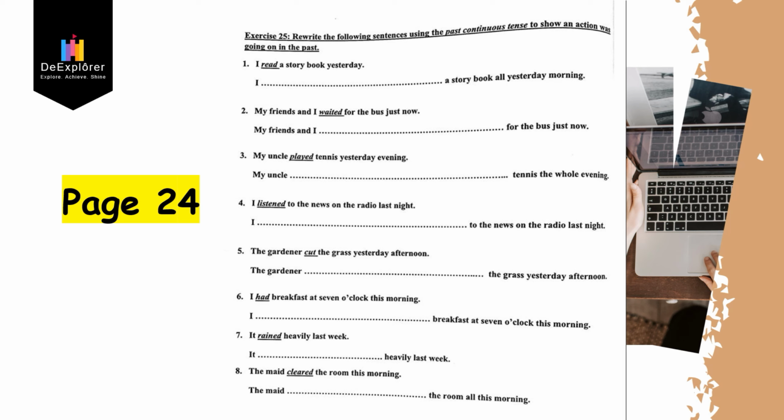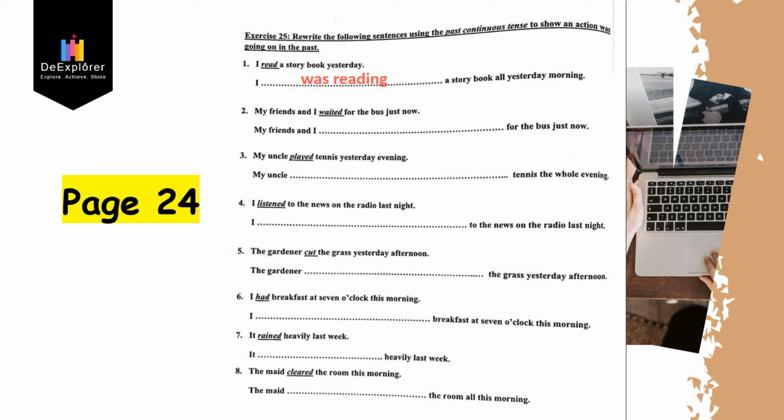I read a storybook yesterday. See, I read a storybook yesterday. Past tense of read is read. 就昨天我读一本故事书。So now you need to change this sentence to I was a verb. I was.